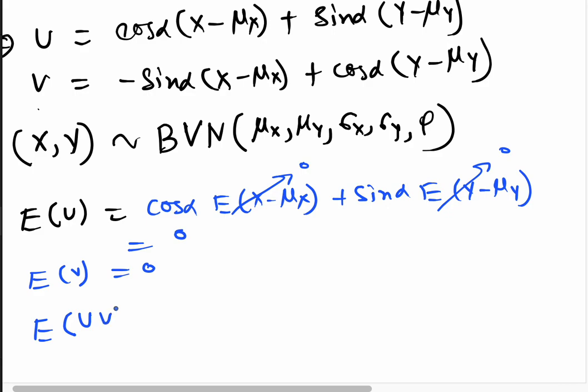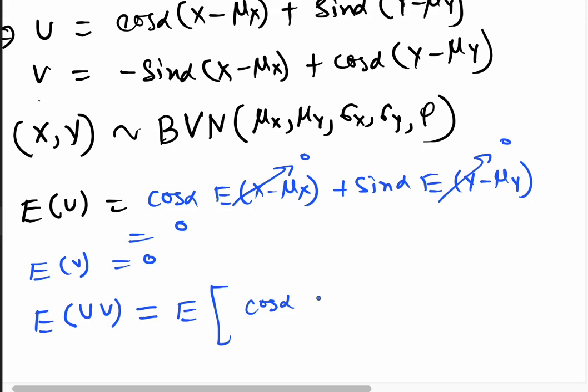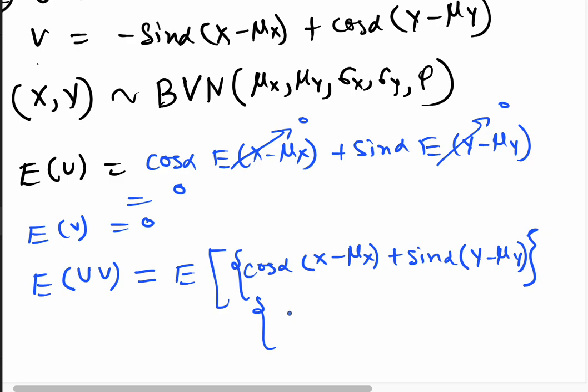U multiplied by v. So let us calculate. UV means expectation of (cos alpha (x minus mu x) plus sine alpha (y minus mu y)) into (minus sine alpha (x minus mu x) plus cos alpha (y minus mu y)).